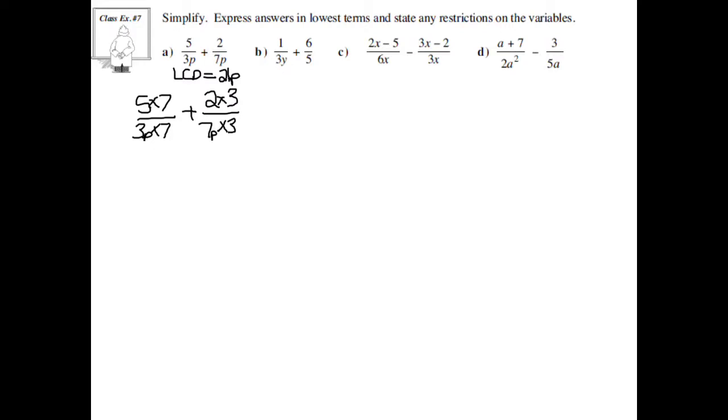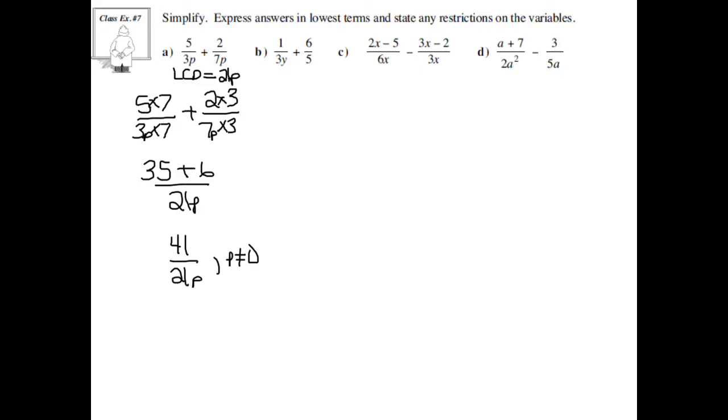So now I've got 35 plus 6 over 21p. Collecting my like terms together, I get 41 over 21p, where p cannot equal 0.